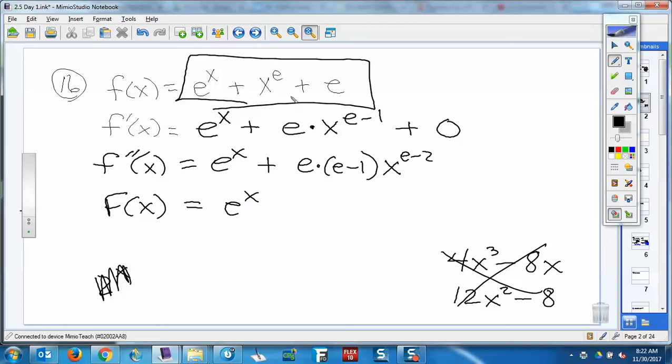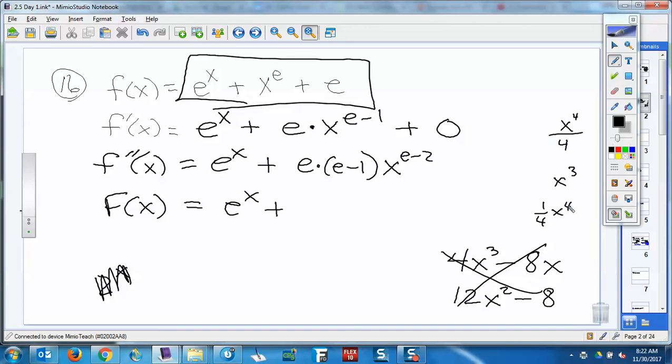Okay, so what about x to the e? We kind of had a little rule on that. We said for a power one, the reverse would be what? Raise the power, and then what? Divide by that new power. So if you had x to the third, we said, well, that'd be 1/4 x to the fourth. And so what you do is you raise the power up 1, and then you divide by the new power, right? And so that'd be 1/4 x to the fourth.